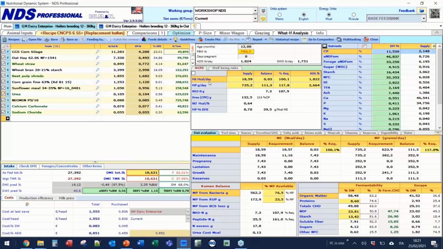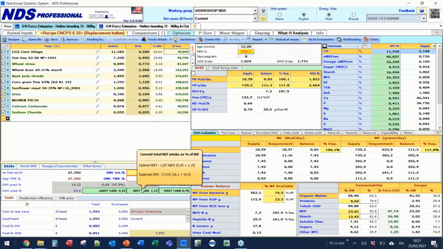We have another way to evaluate if the dry matter intake that I am offering is expected to be eaten. And here we evaluate the intake based on NDF intake, and we know that heifers have an NDF intake around 1.05% of their body weight.